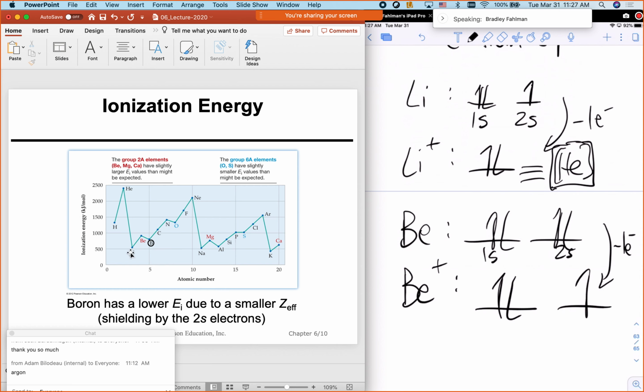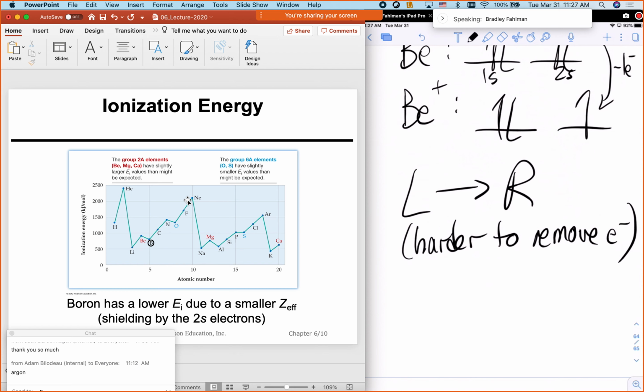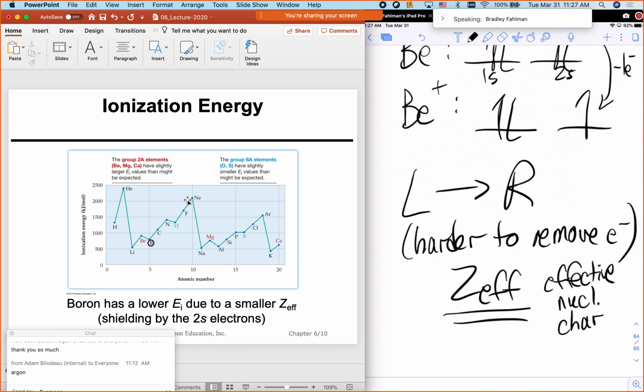The general trend, by the way, forgetting about these little kinks here, is why it is becoming harder to remove electrons as you go left to right. Across a period, it's harder to remove electrons. It has to do with the effective nuclear charge of those electrons.